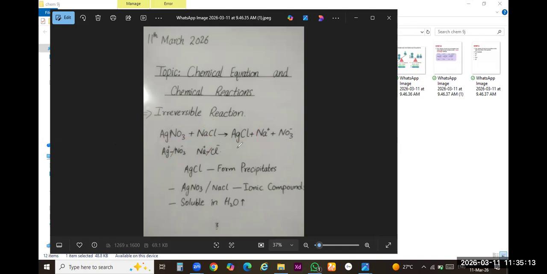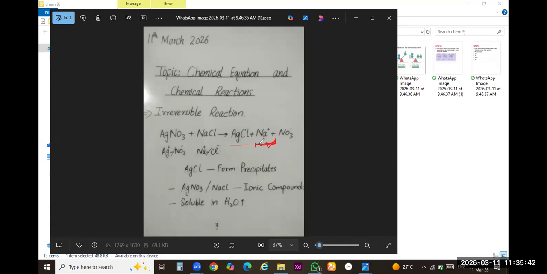Clear? And at the end of this chemical reaction, the precipitates of silver chloride will appear on the top side, in the beaker or in a container. Wherever the chemical reaction has happened, precipitates appear there. I have told you before, I have told you many times. What are precipitates? The things which will arise on the top side of the beaker or in the liquid.